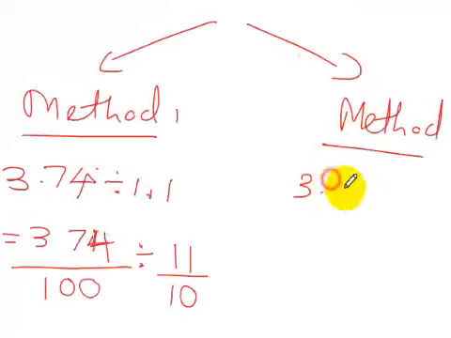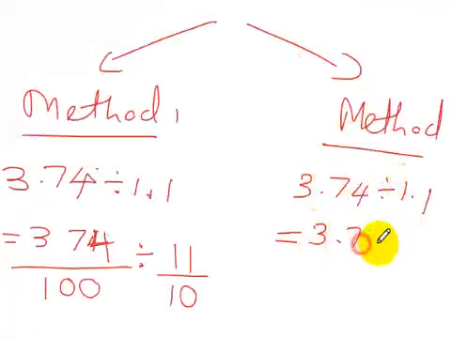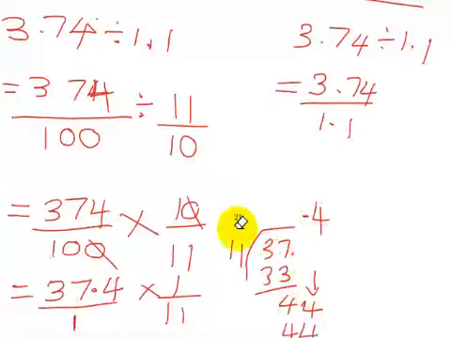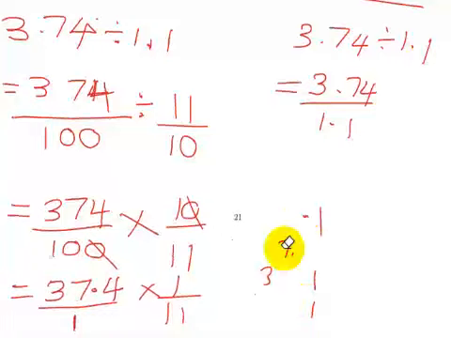3.74 divided by 1.1. I will write it in another way. Now I can't divide this value by a decimal number.